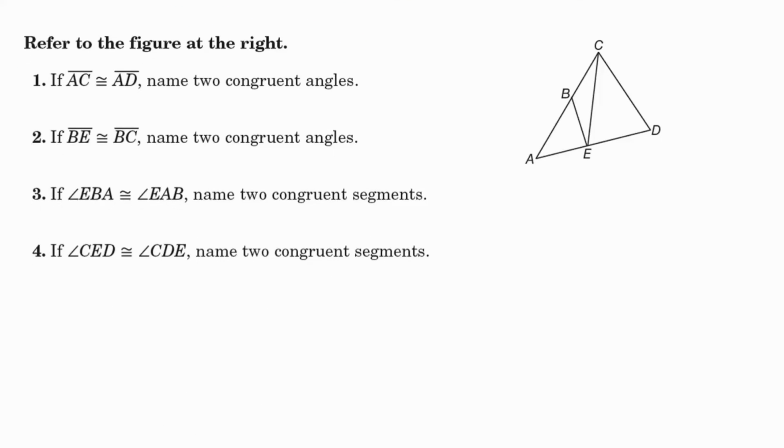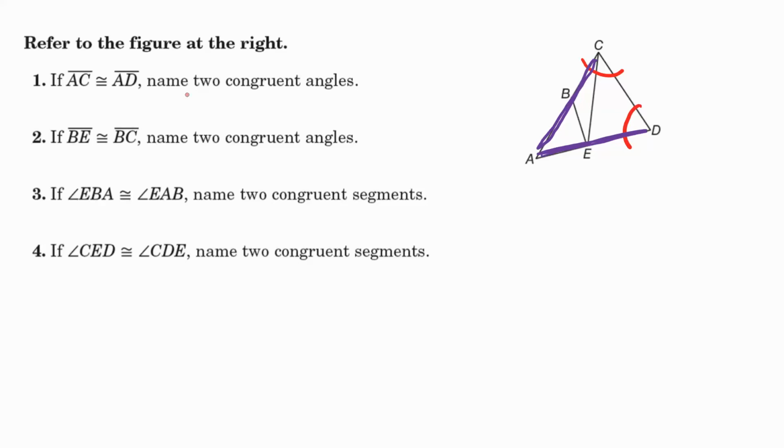So we have 4 different questions that relate to this figure at the right. We're first told that if AC is congruent to AD, name two congruent angles. So that would have to be these two by the isosceles triangle theorem.